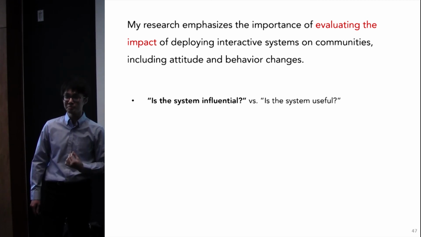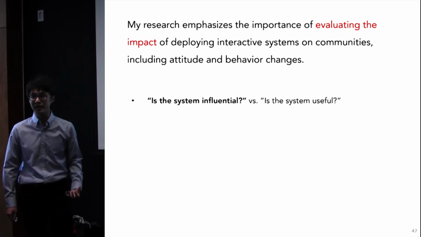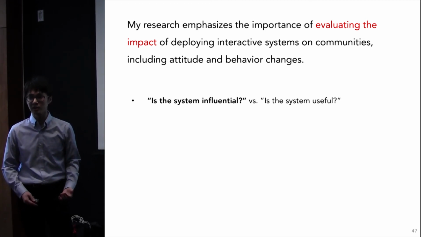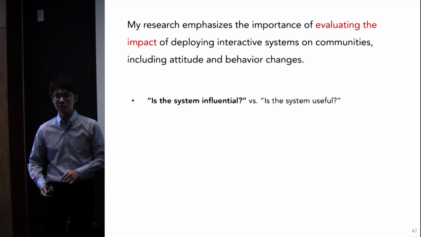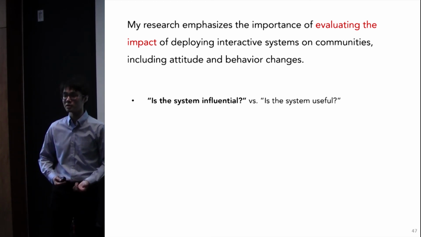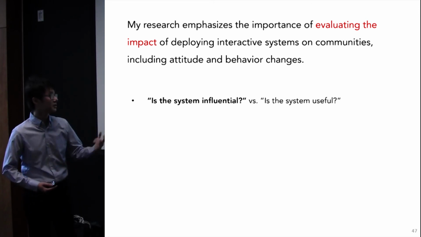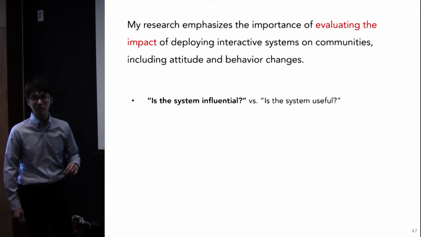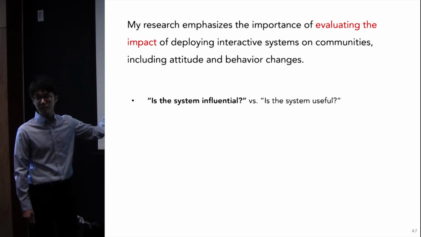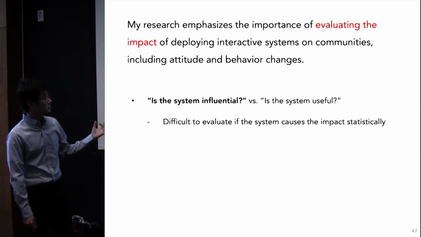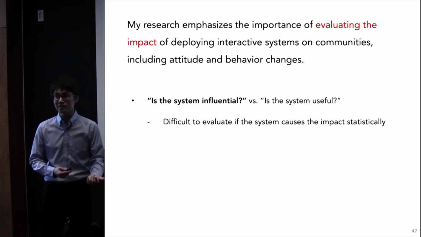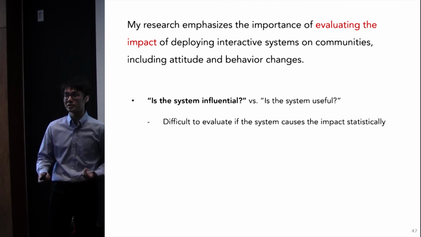And usability actually means whether the system is effective in helping people complete a task, like how much time you need to generate an image. That's the measurement of usability. But right now I care more about the impact, which is, does the system actually impact the community in some way?